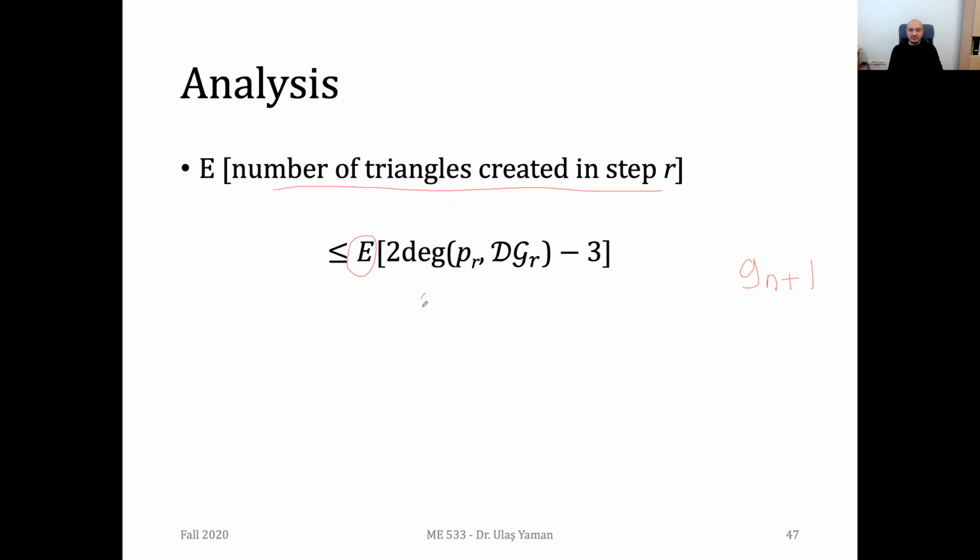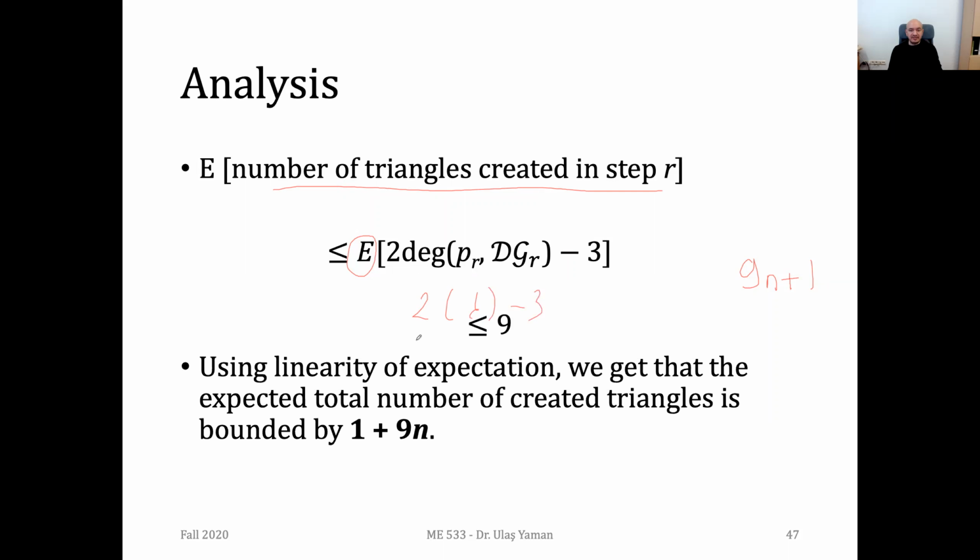So if you multiply by 6 and subtract 3, you'll come up with less than 9 for any point R. Since we have n points, we repeat this generation n times, so we multiply it, and we have an extra triangle around, so that's why we have at maximum 9n plus 1 triangles generated in this algorithm. Any questions, guys?